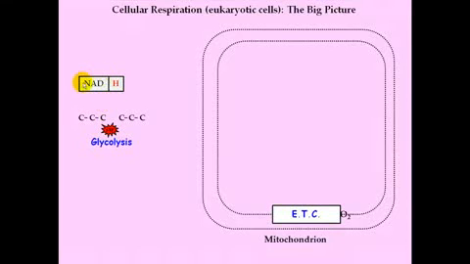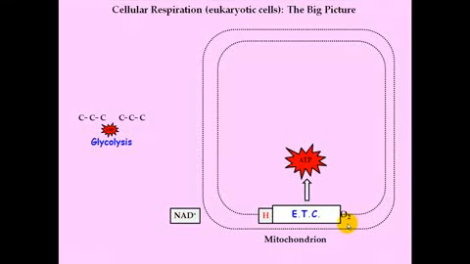So it's this full electron limousine that delivers its electron cargo, which is in that hydrogen atom, to where the electron transport chain is. And whenever the electron in that hydrogen moves through the electron transport chain towards the oxygen, it's that kinetic energy of the moving electron that's used to make ATP.